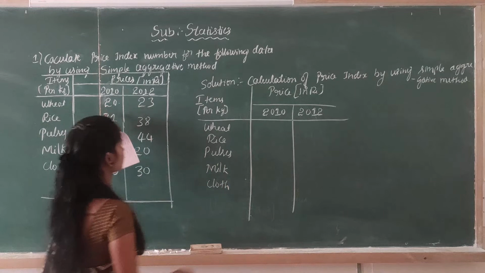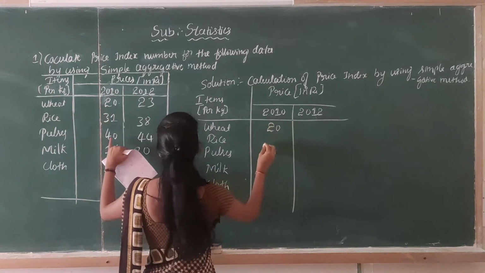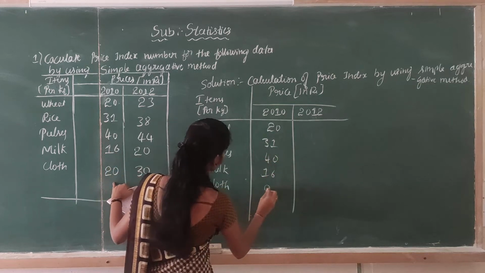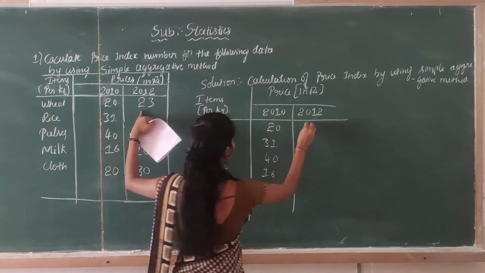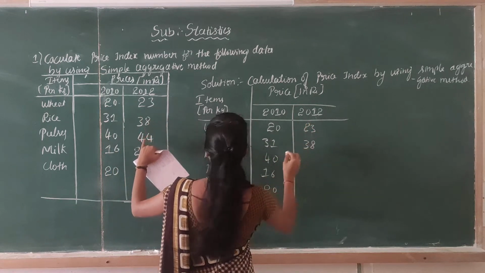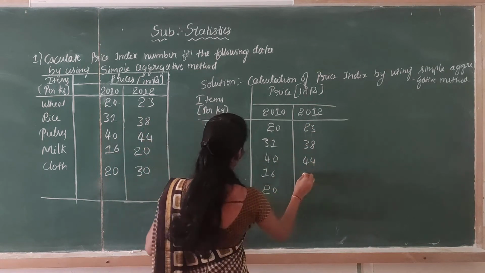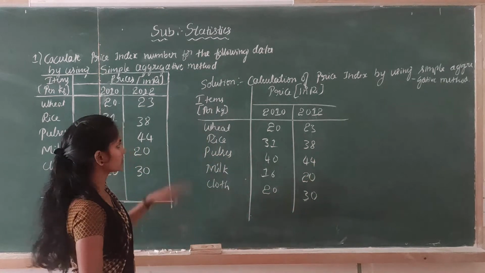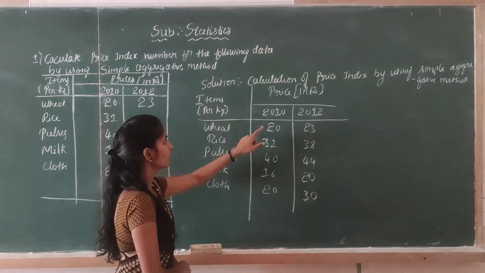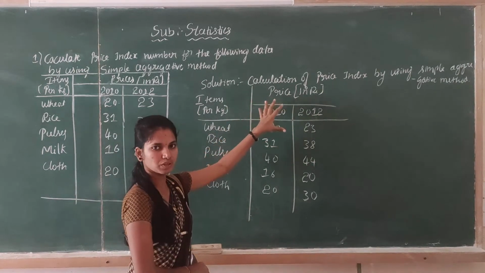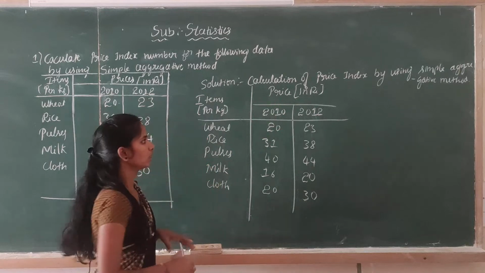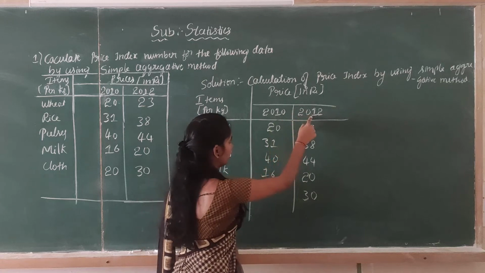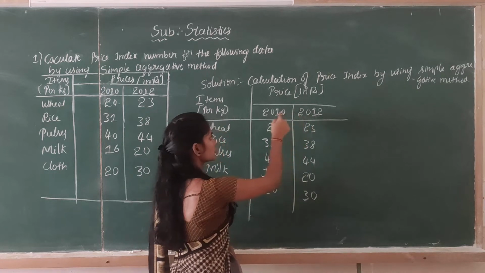In 2010 the values are 20, 31, 40, 60, then again 20. Next, for 2012: 23, 38, then 44, 20, 30. These are the values given as the prices of the items. Here we find which one is the base year and which one is the current year. When comparing these two years, 2010 and 2012, which one is the earlier year?